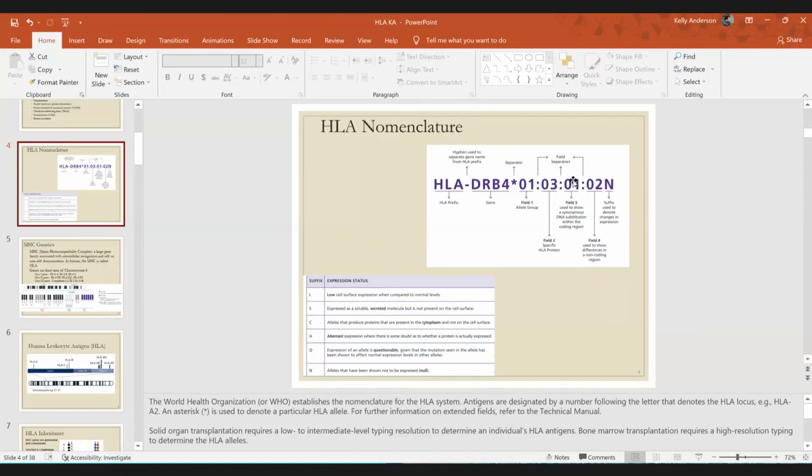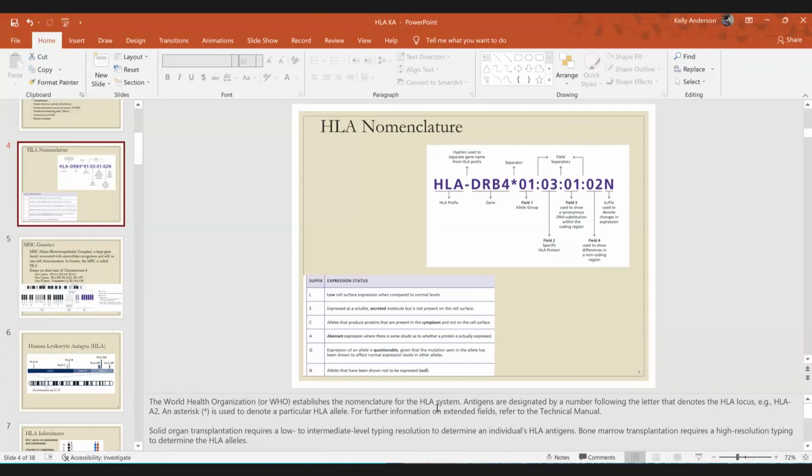And this I can find in a database or something? Yeah. So HLA is kind of confusing because it's trying to be international, but everyone uses kind of different standards. If you go to the World Health Organization, they established a nomenclature, so everyone should be using that nomenclature.